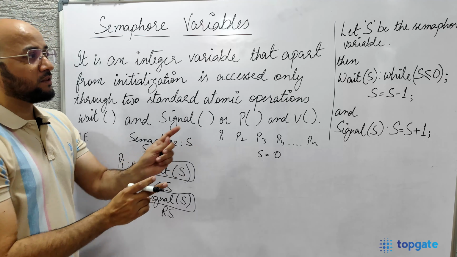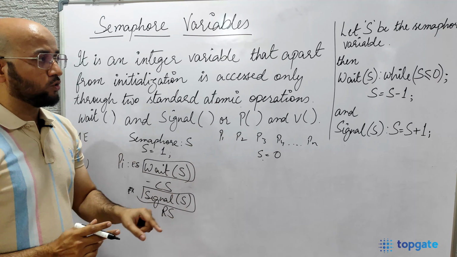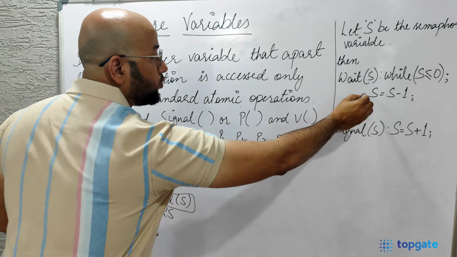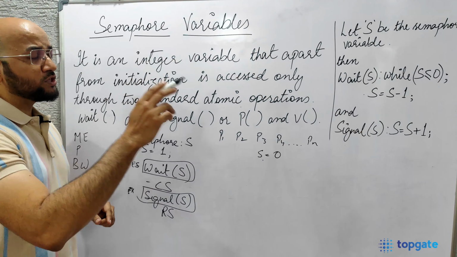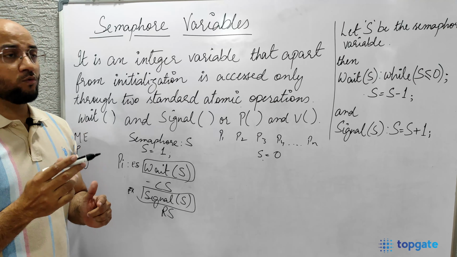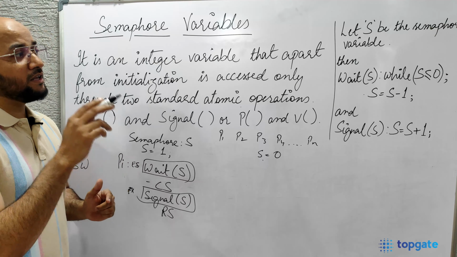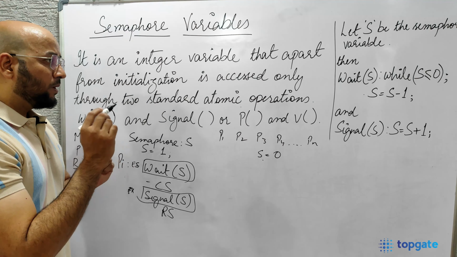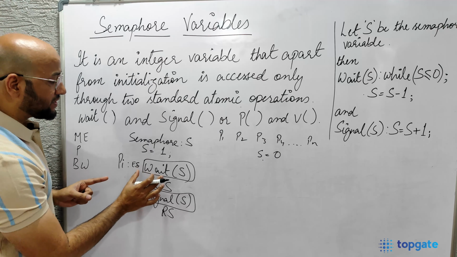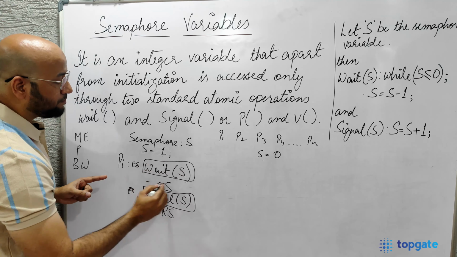So P2 finds that the value of s is 0. Therefore, it will not be able to go to the next statement. It will be stuck in the while loop, continuously checking that the value of s is 0. So process P2 will be stuck in this part only.